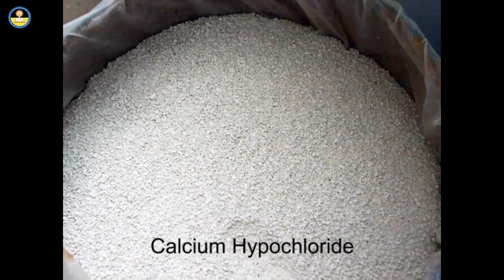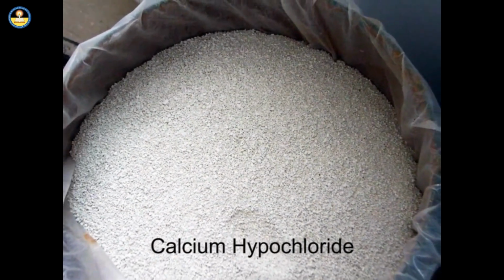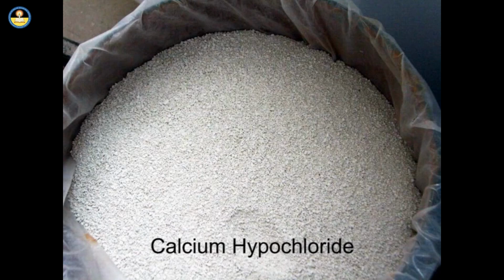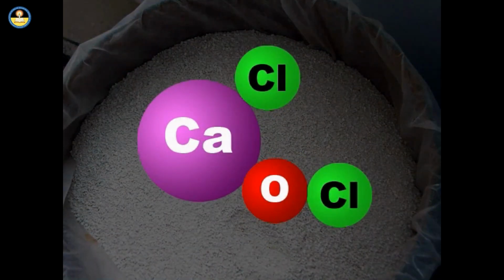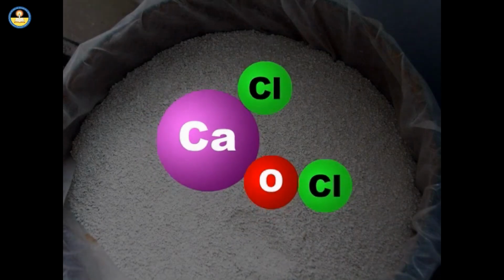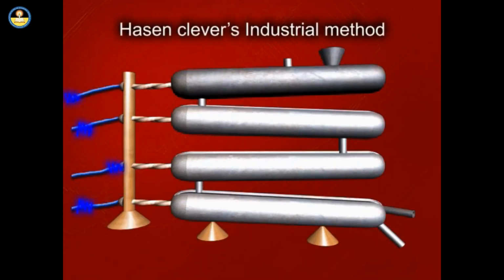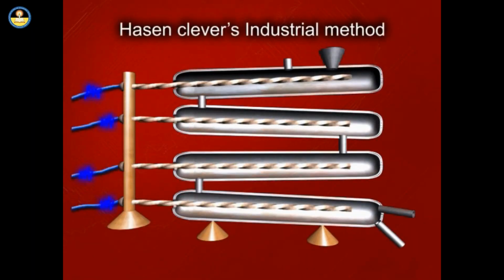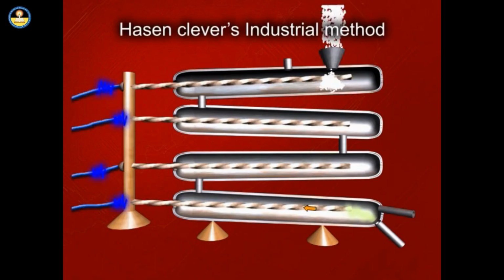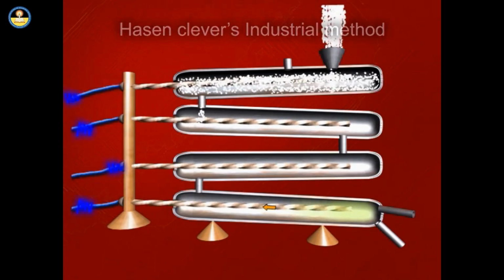Bleaching powder is also known as calcium hypochlorite. The formula of bleaching powder is CaOCl2. This animation shows the Hasenclever's industrial method of preparation of bleaching powder.